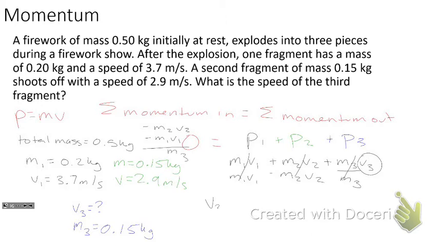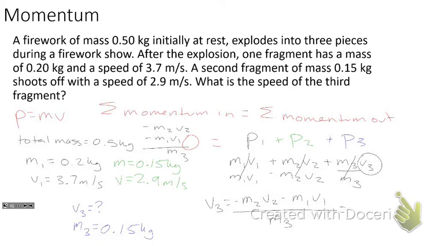So the velocity of the third fragment is equal to negative M2 V2 minus M1 V1 over M3.